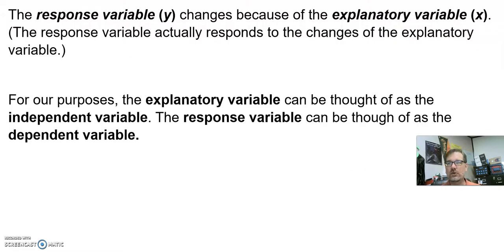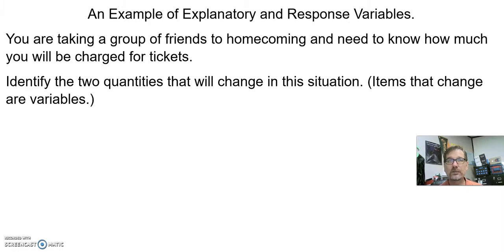The y value is going to change because of my x variable. So the response variable actually responds, see, get it? It responds to the changes in the explanatory variable. So we're going to think of the explanatory as my independent and my response as my dependent. It does what the x value tells it.